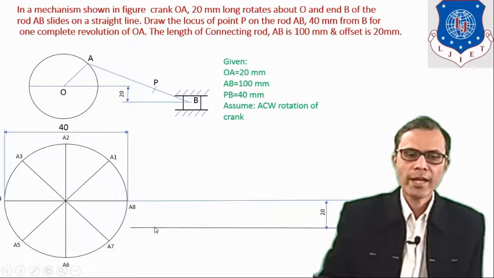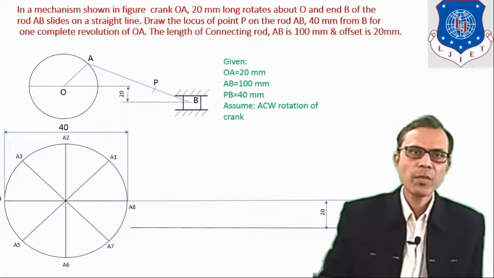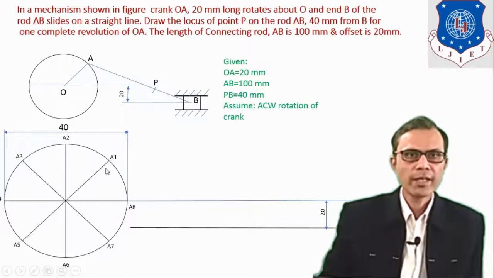So the slider B is moving on this line. So on this locus line, we will get the different positions of slider B corresponding to the different positions of the rotating crank. Now we have to consider different positions of the crank, and accordingly we will mark the corresponding position of slider B on this locus line.